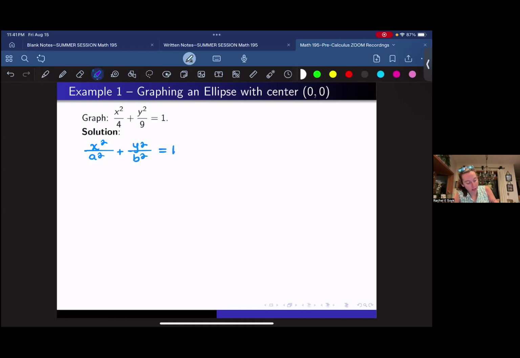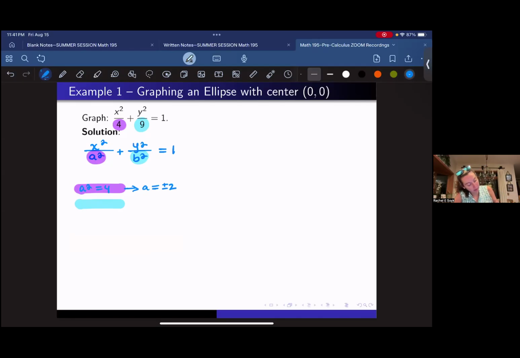Which means now we can very easily identify what our a squared and what our b squared is. a squared is equal to 4, which tells us that a is equal to the square root of 4, which gives us plus or minus 2.